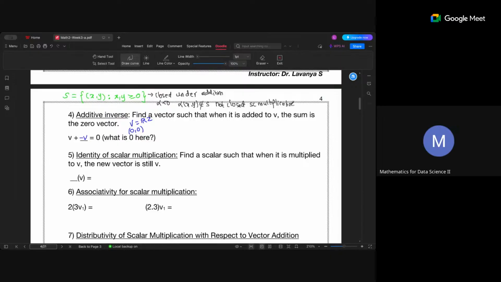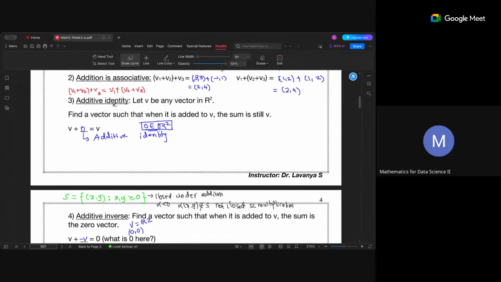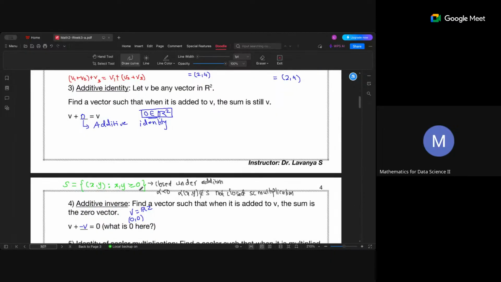What about the additive identity? Does it belong to this set or not? It is 0 comma 0. That is the additive identity.